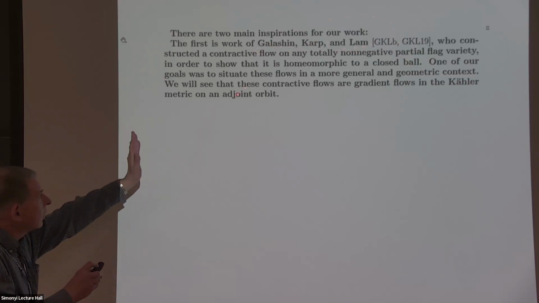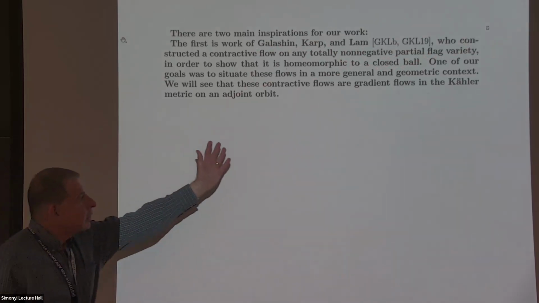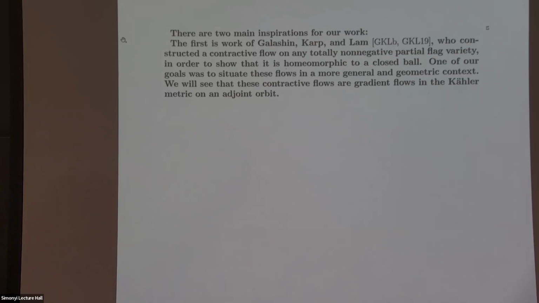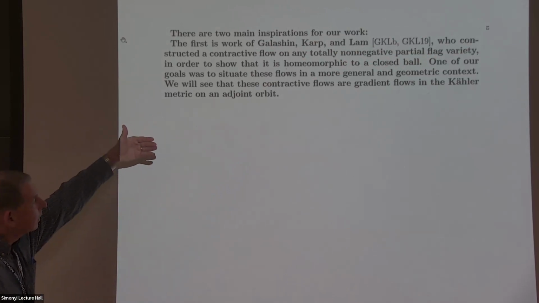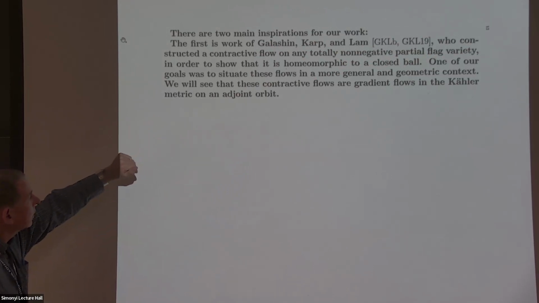What they did is construct a contractive flow on the totally non-negative partial flag variety in order to show that it's homeomorphic to a closed ball. They first showed it was true for the totally positive Grassmannian, and secondly, they showed it's true for an arbitrary flag manifold. And one of our goals here was to show how to look at these flows in a more general and geometric context.